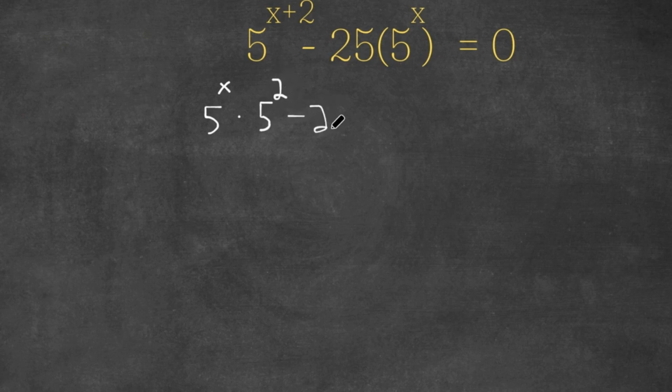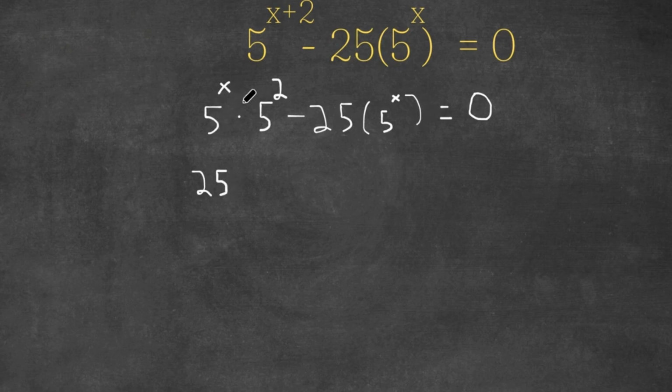And let's just write minus 25 times 5 to the power of x equals 0. All right, so we know that 5 squared, that's 25. And we have to multiply this with 5 to the power of x.